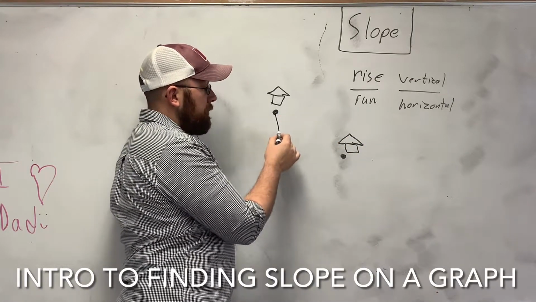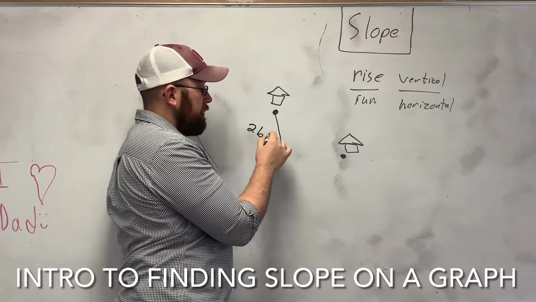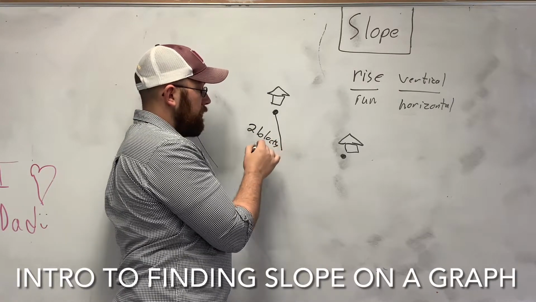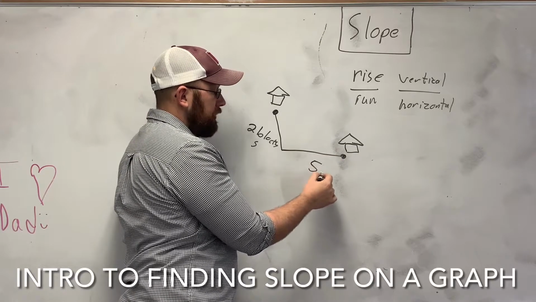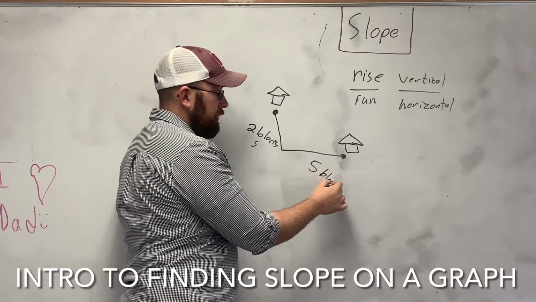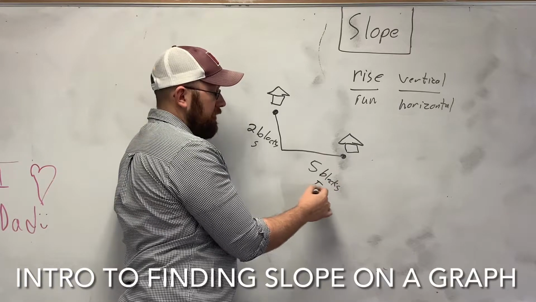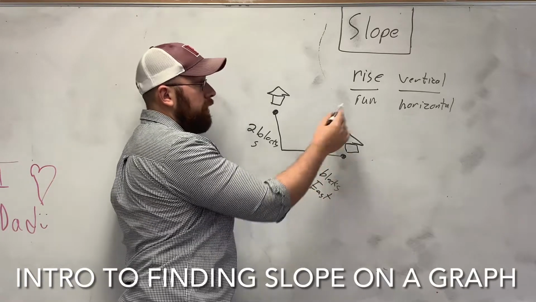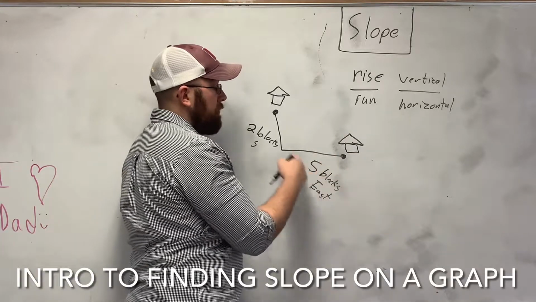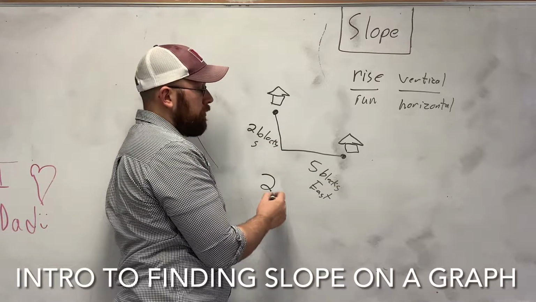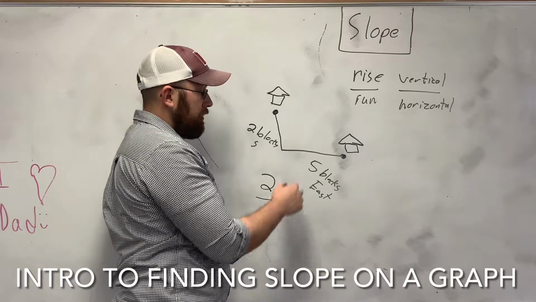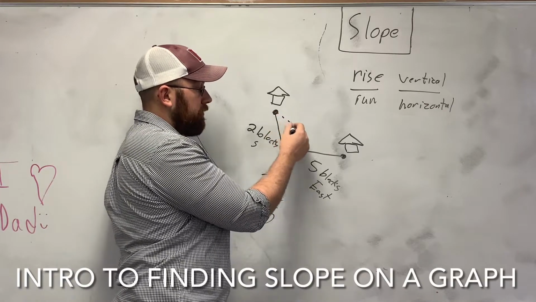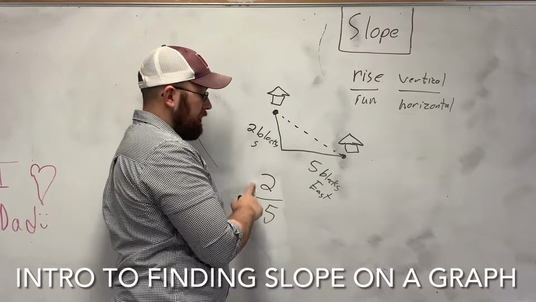So say I'm gonna go down 2 blocks south, and then 5 blocks east. That's your rise over your run. So my vertical up and down would be 2, and my east and west, or my horizontal, is 5. So my slope here is 2/5.